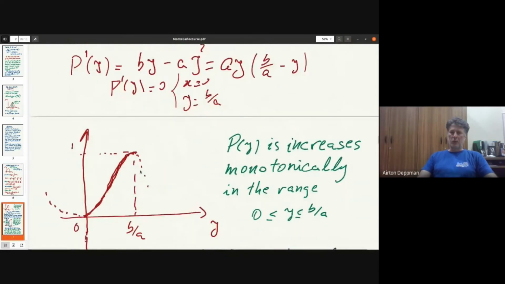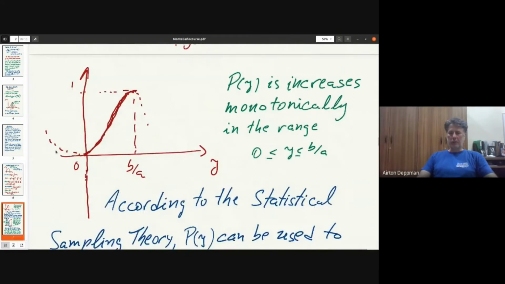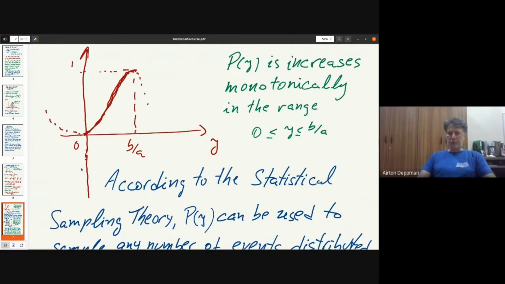Okay, so the cumulant will be something like this, some function like this. Of course, we can add or subtract a constant in the cumulant. It will not change the underlying probability distribution.